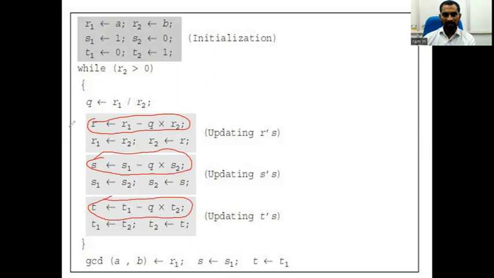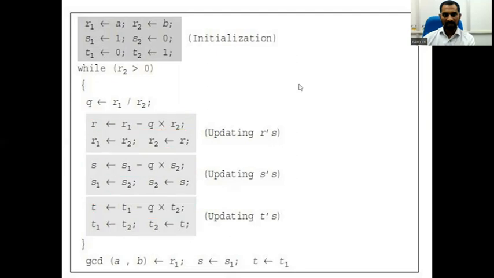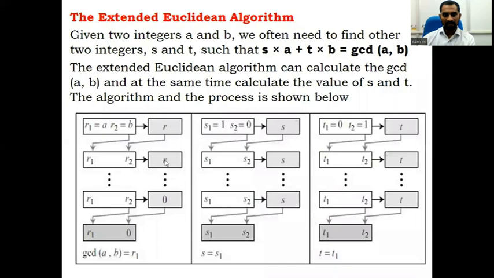We continue this process until R2 becomes 0, same as in our Euclidean algorithm. When R2 becomes 0, GCD will be R1, S will be S1, T will be T1. This is what the extended Euclidean algorithm says.